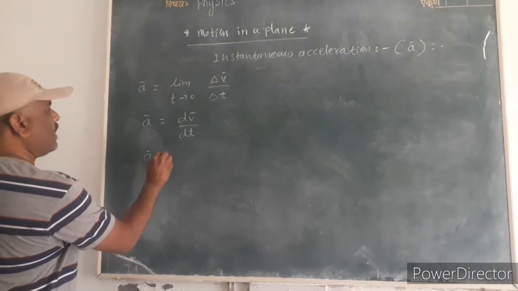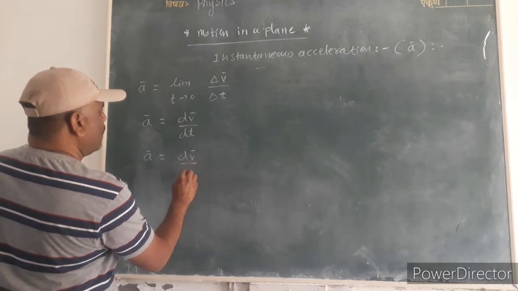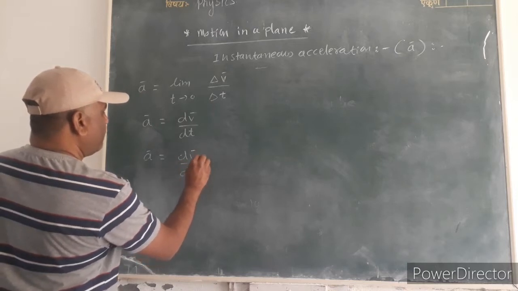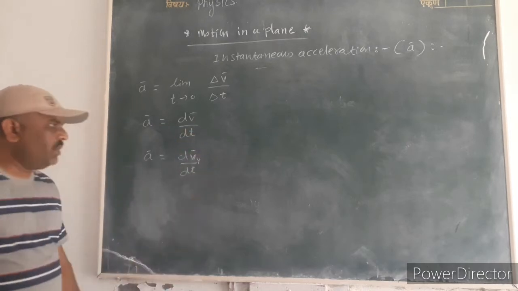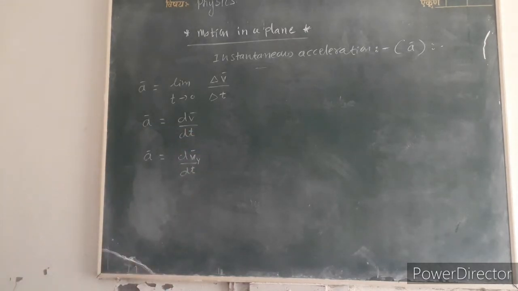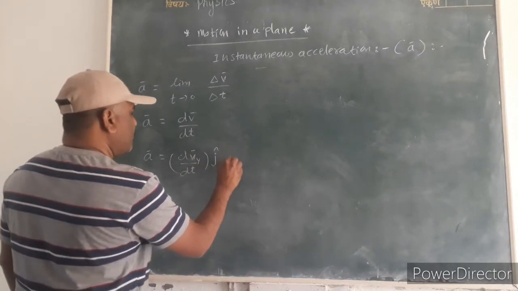Therefore, a bar is equal to dv bar upon dt, or dvx upon dt into i cap plus dvy upon dt into j cap.